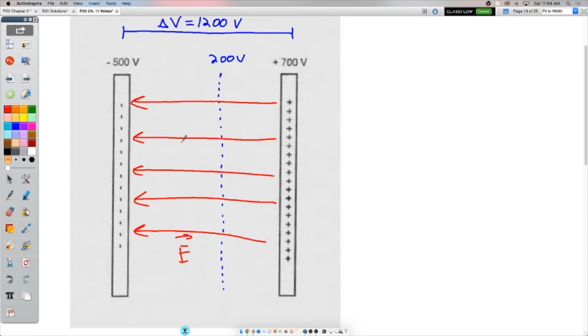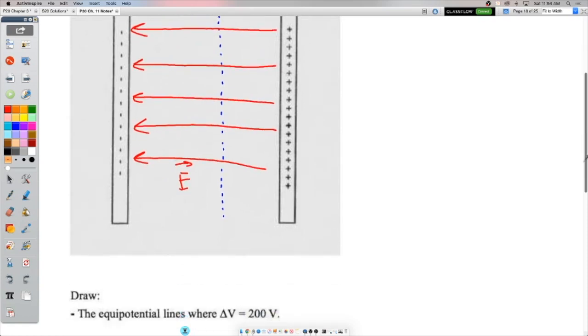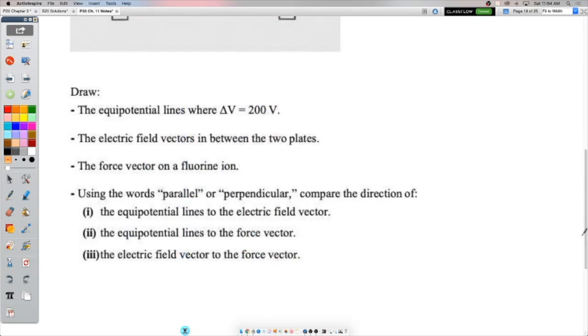Now, the force vector on a fluorine ion. This is where your chemistry background might get you in trouble a bit. In physics, when we talk about an ion, if something is getting ionized, we almost always mean that it has had electrons kicked out. So whenever you see the word ion in physics, it means an electron has been booted out. We'll learn more about that when we do our atomic physics unit, unit 4.